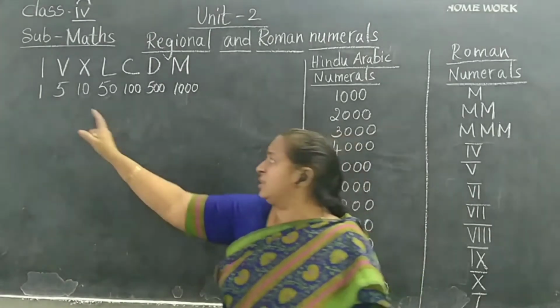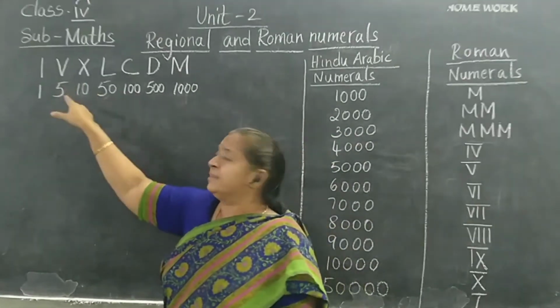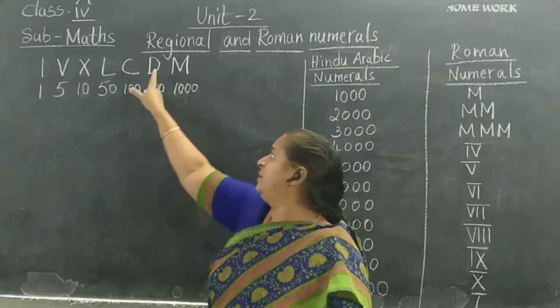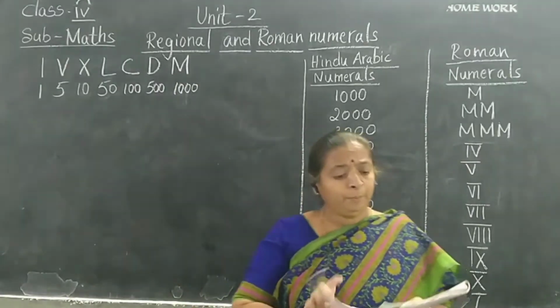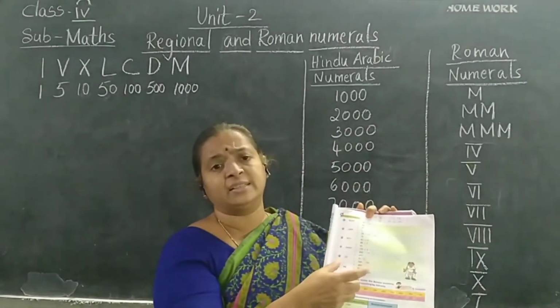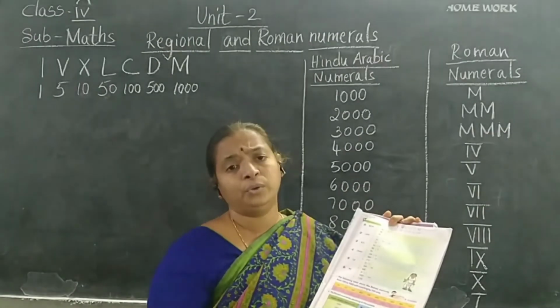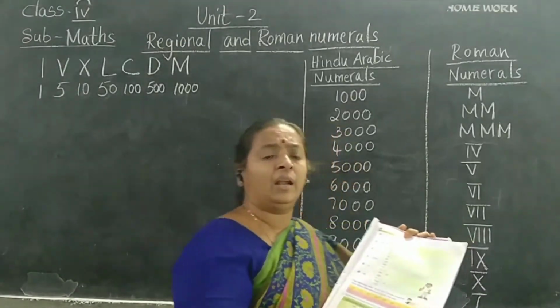I is 1, V is 5, X is 10, L is 50, C is 100, D is 500, M is 1000. In page 99, we can see an exercise. Now I am going to show you how to do it. Those who have maths notes, open them and do along with me.